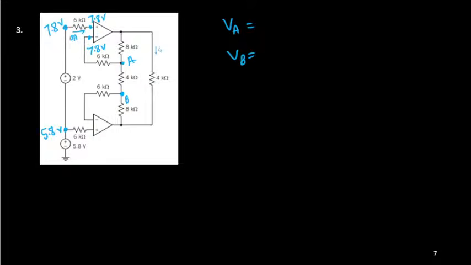Again, it is connected to the inverting terminal. There is no current flow this side. This is also 0 ampere because of high input resistance. So this potential and this potential will remain the same. So VA will be the same as 7.8 volt.